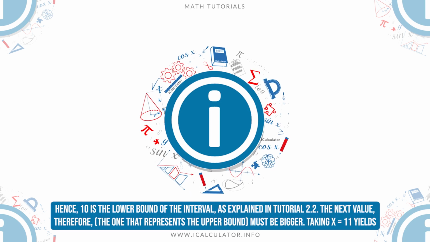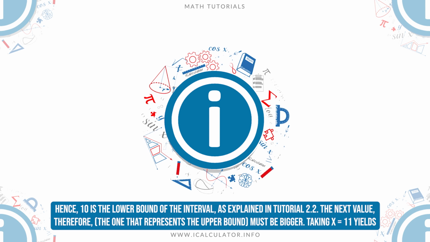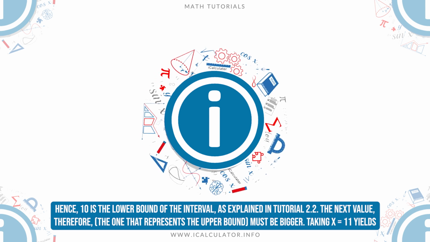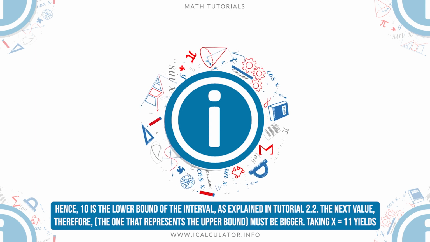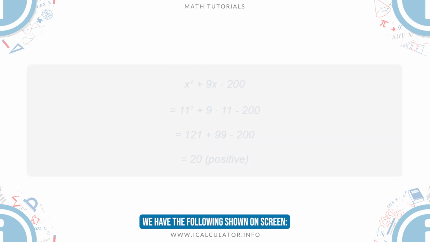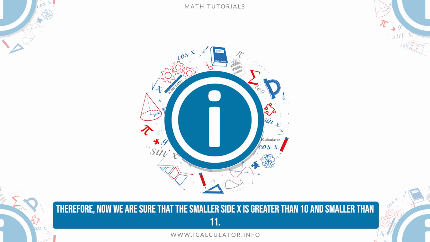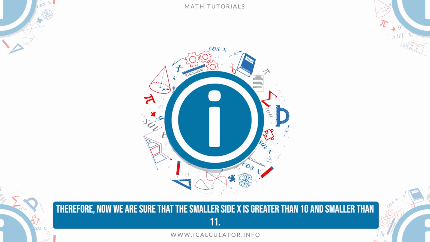Hence, 10 is the lower bound of the interval, as explained in tutorial 2.2. The next value, the one that represents the upper bound, must be bigger. Taking x equals 11 yields the following shown on screen. Therefore, now we are sure that the smaller side x is greater than 10 and smaller than 11.